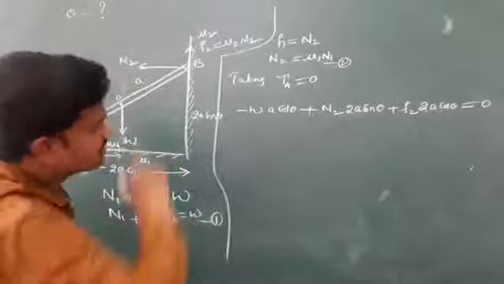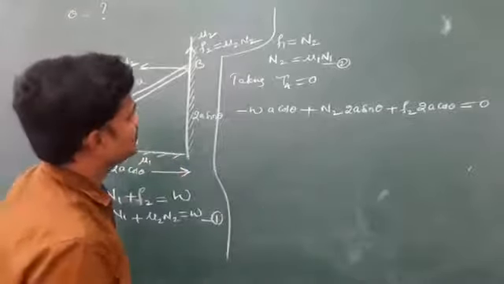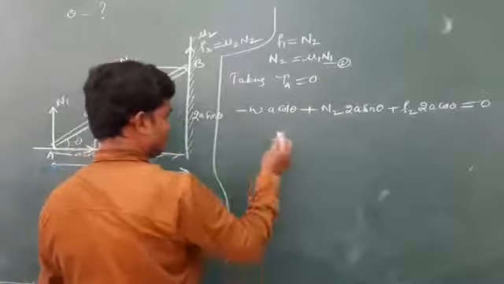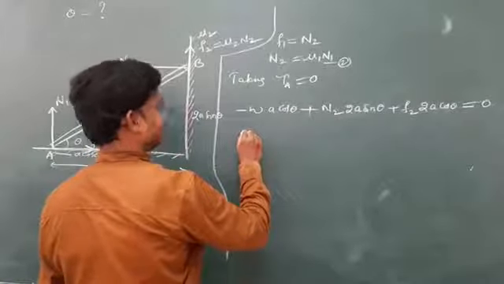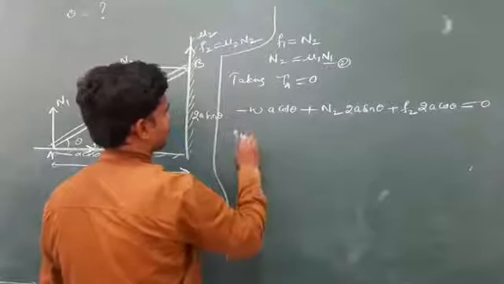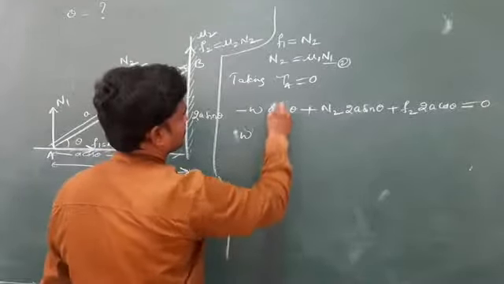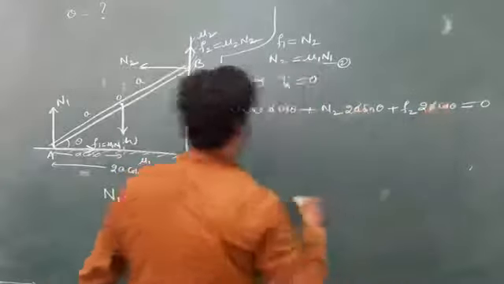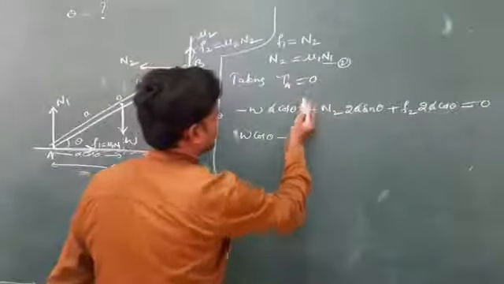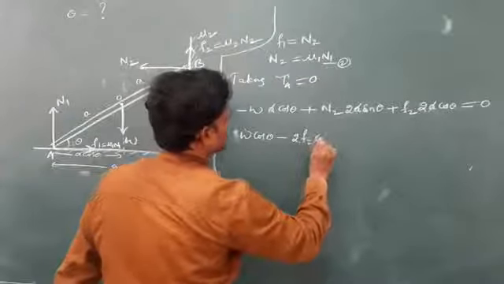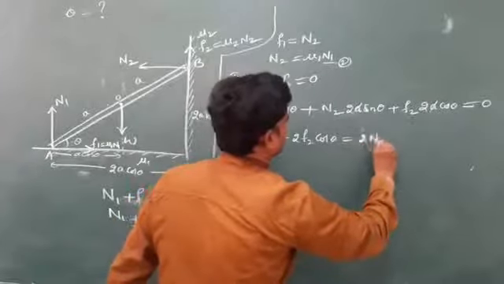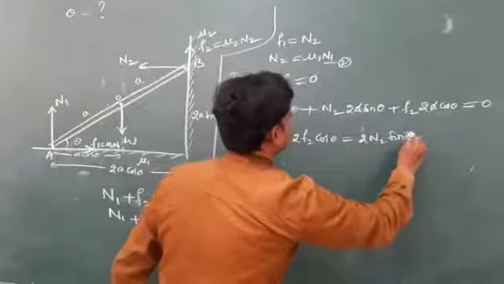Okay, now simplify the equations. One is cos, the other one is sin. Then you simplify like this. Take this one, W. So A cancels. W cos theta minus 2F2 cos theta is equal to 2N2 sin theta.